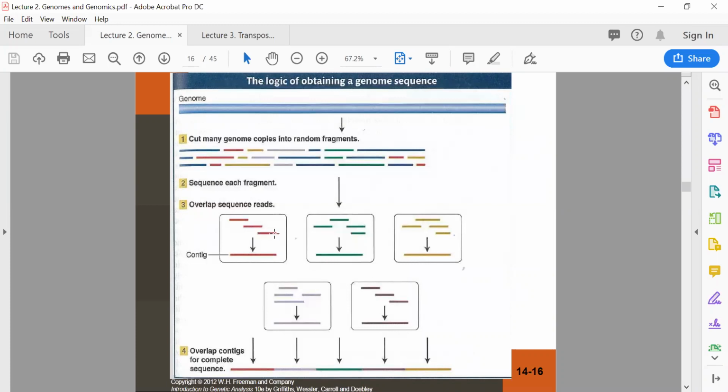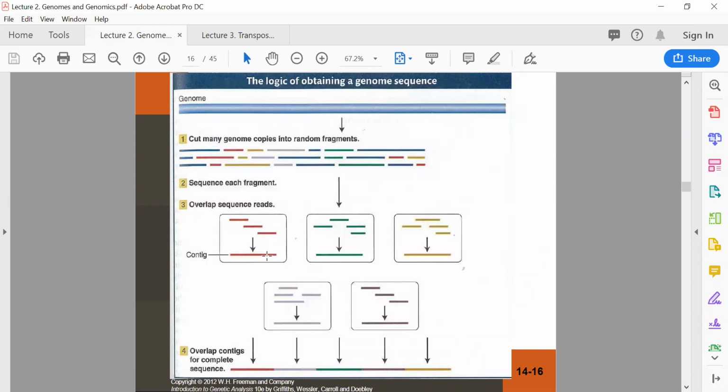And then this is another fragment, which is also exactly the same at these two ends. In other words, you've got these overlapping regions of identity, which means you can actually join them together to get a longer piece of DNA sequence from that original genome.